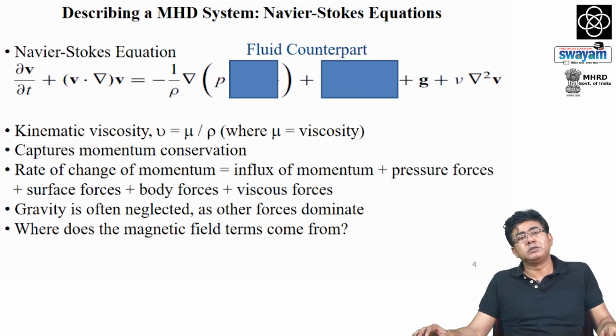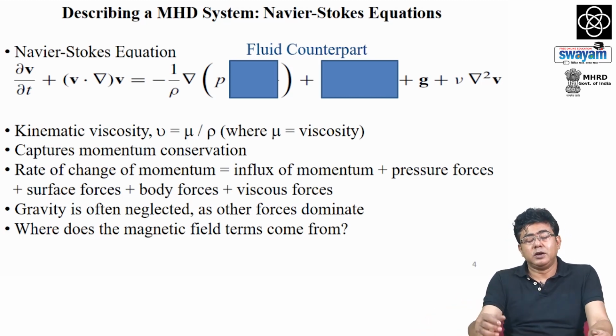And of course, this equation is also fundamental to magnetohydrodynamics, in the sense that even plasma flows are governed by it. This equation relates the conservation of momentum, which is like del V del T, how the momentum changes, to the influx or outflow of momentum.